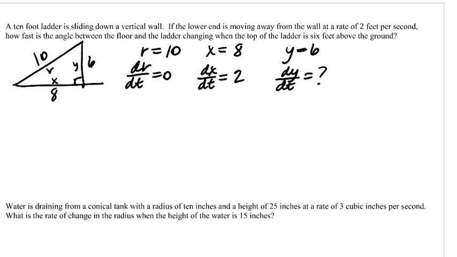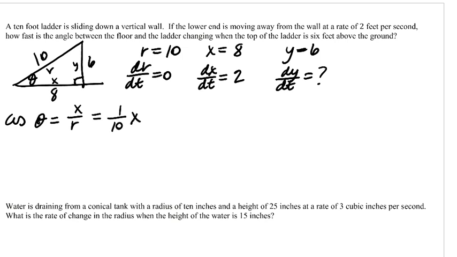So what I'm going to do is use cosine here. Okay, so I'm going to use cosine for theta because we want to know about the rate of change of the angle. Okay, so cosine of theta is equal to, what is it, x over r, which is going to be 1/10 of x.